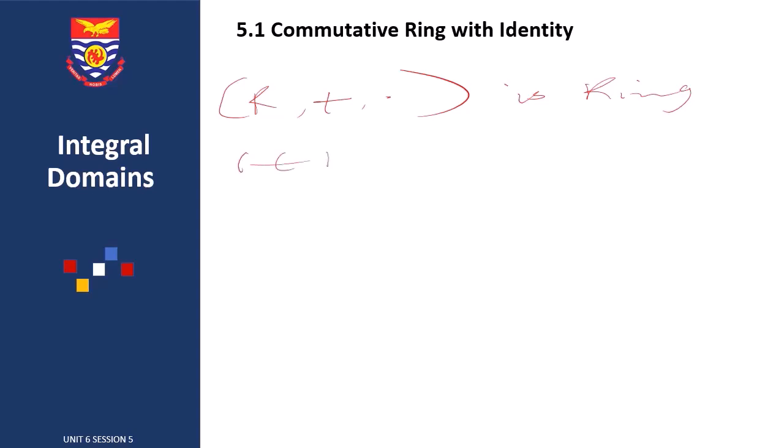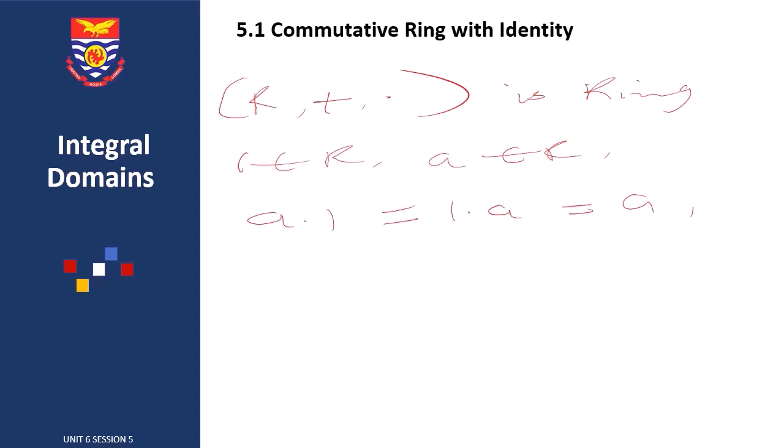1 is a member of R, which you agree, and if there is also a in R, then we can say that a dot 1 equals 1 dot a, and that equals a. So with unity that equals a, we could say that the operation R plus is actually a commutative ring.